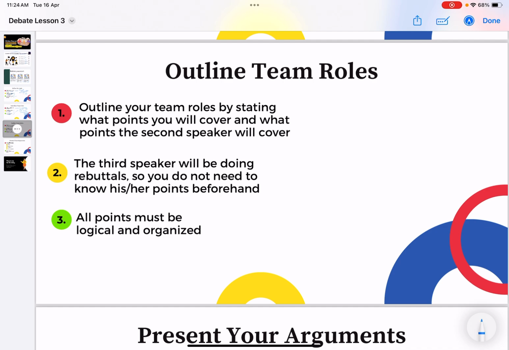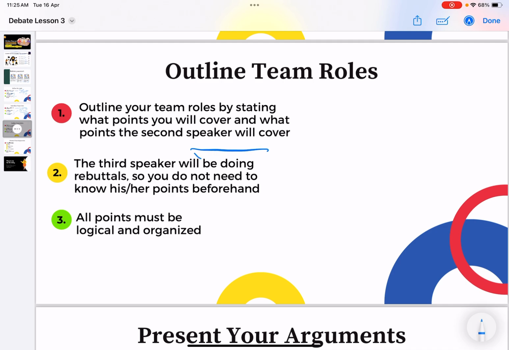If your first speaker's points are not strong, remember, debate is very subjective. Sometimes the judges might not see it in a certain way. Okay, so your first speaker has to be strong, your second speaker equally strong as well, but the first speaker, you need to have the most solid points. Always remember this.